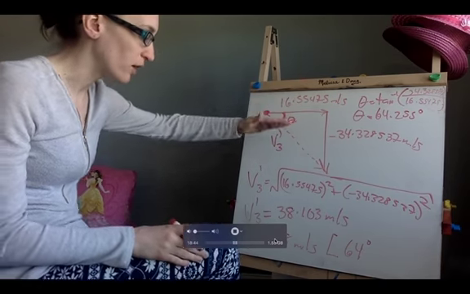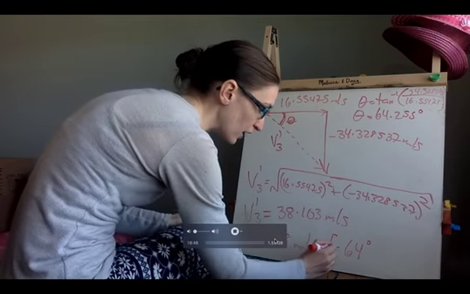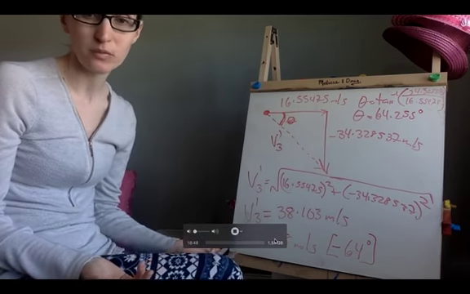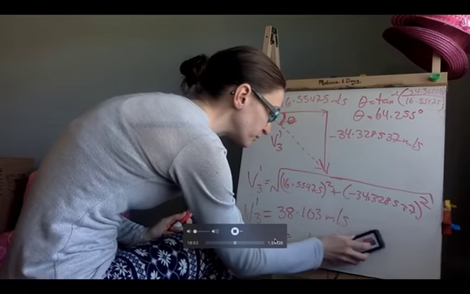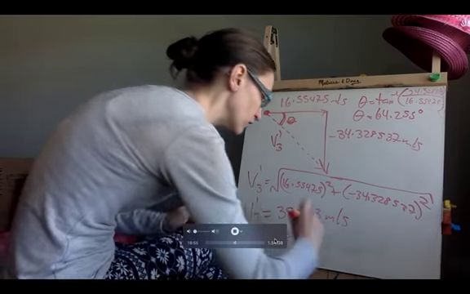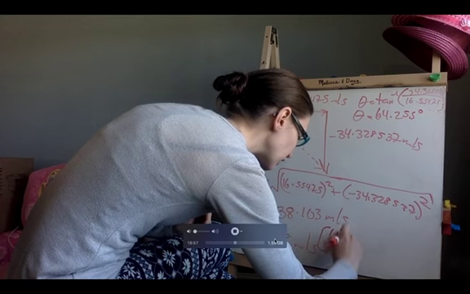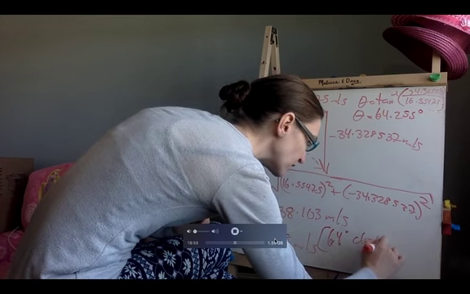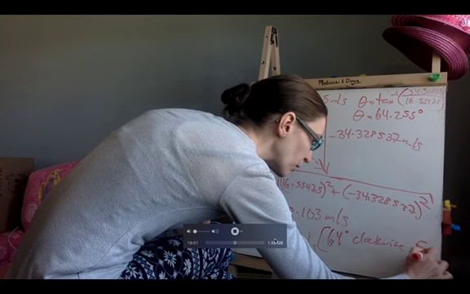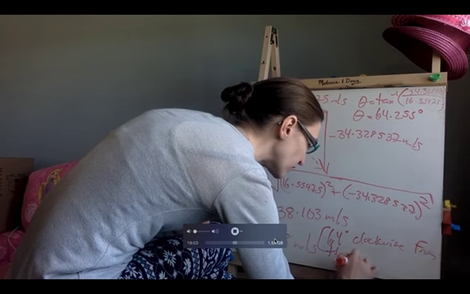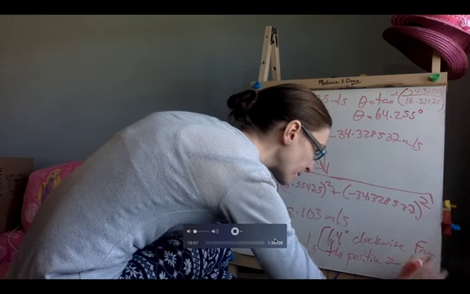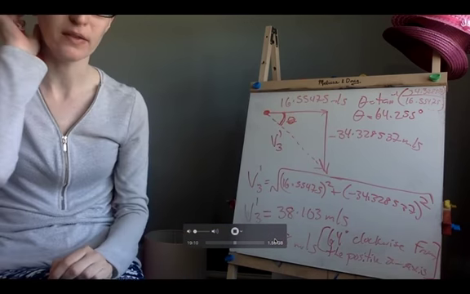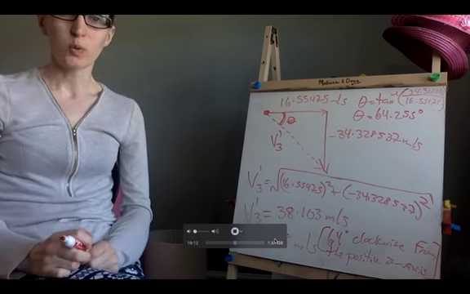So you can either call this 38 meters per second, negative 64 degrees, with everything being in standard position, or we can describe it how the rest of it has been described, as 64 degrees clockwise from the positive x-axis. Okay, and that can be done as well.